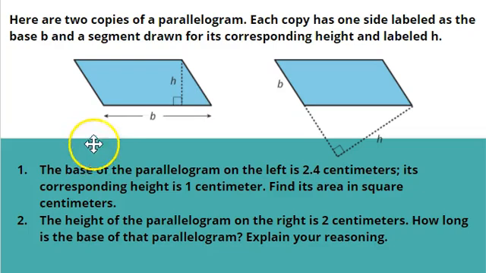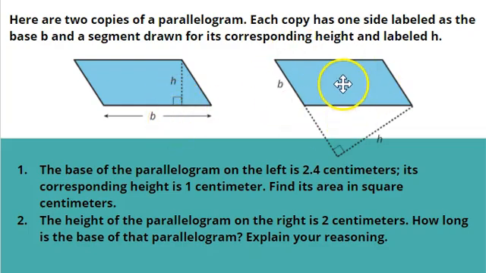If the base on this is 2 4/10 centimeters and its height is 1 centimeter, what's the area? Well, we would take 2 4/10 times 1, which would give us 2 4/10 square centimeters.